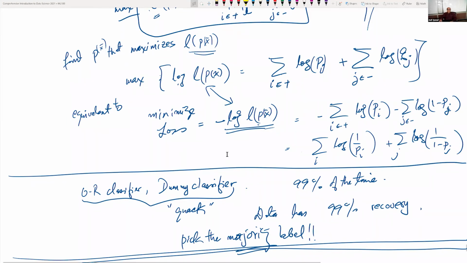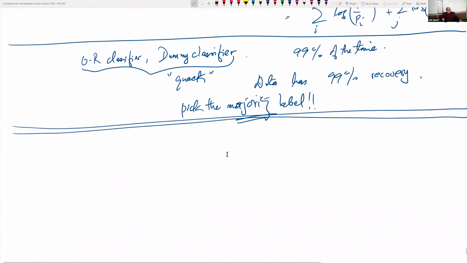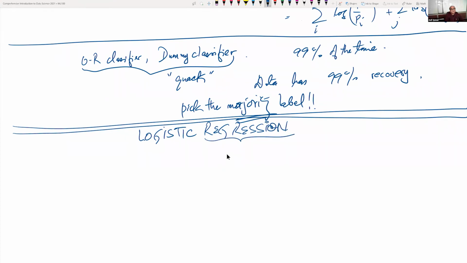All right, guys. So we will learn about an interesting classifier called logistic regression. Well, this is a very poor use of terms because it uses the word regression, which is most unfortunate because it's a classifier.